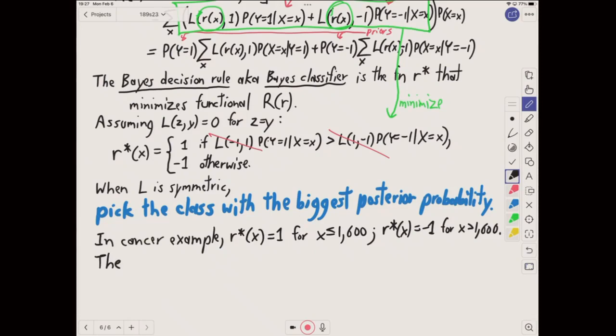Now, you can also compute the risk for this optimal classifier. And that risk is called the Bayes risk. It is also sometimes called the optimal risk. And the Bayes risk is basically the risk of the Bayes classifier, or to put it another way, the risk of the best classifier you could possibly have.